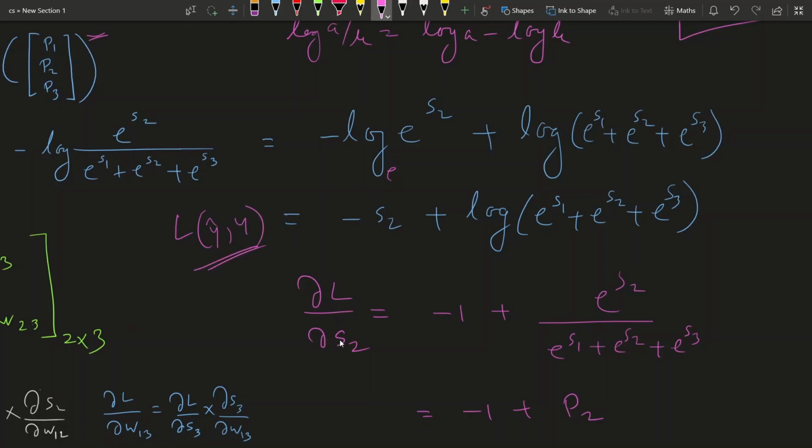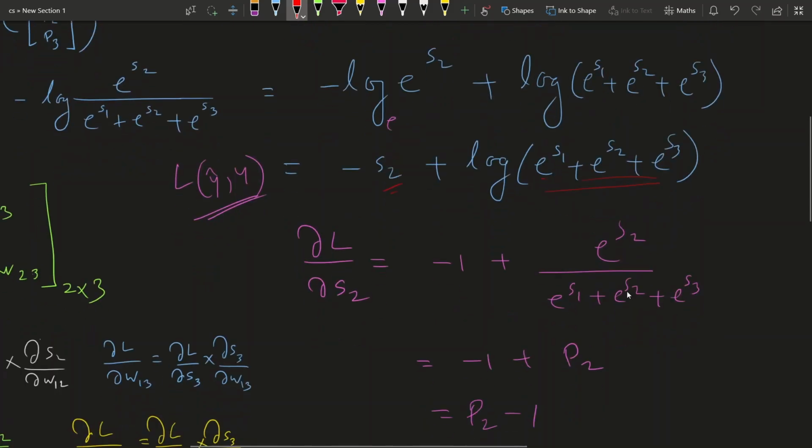So del L by del S2 will be something like this. If you differentiate this entire thing with respect to S2, then this goes to -1, and for the rest, the differentiation of log of something is basically 1 by that something. And then this entire expression, I'm trying to differentiate with respect to S2, and this is a partial derivative, remember, which means anything other than S2 will be treated as a constant.